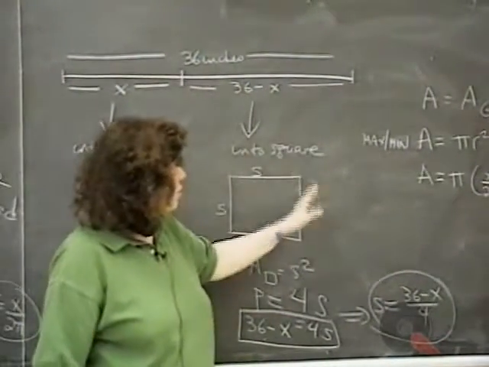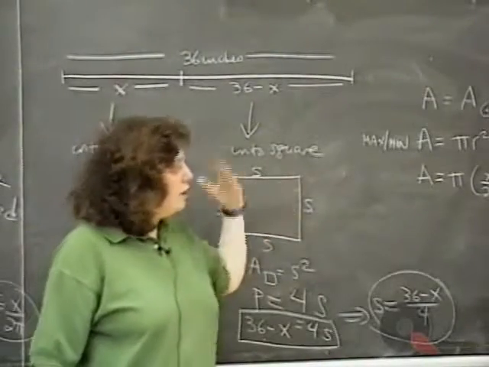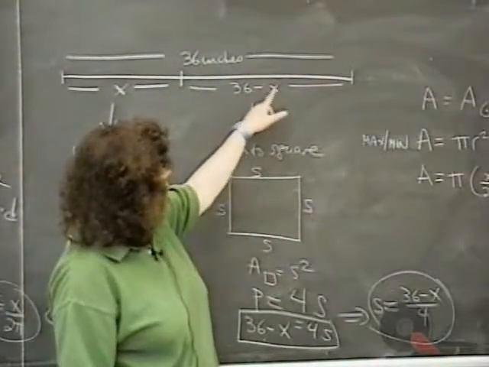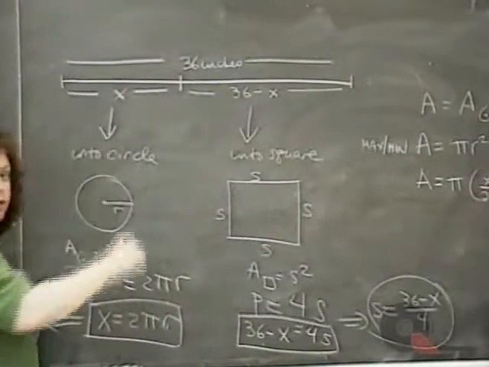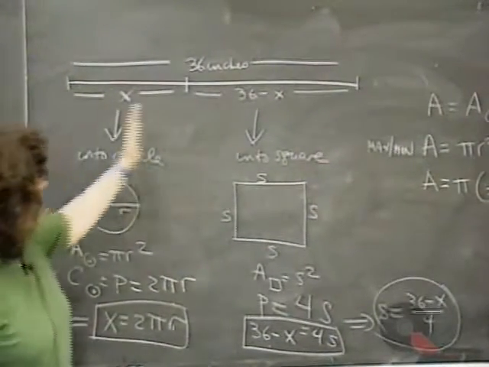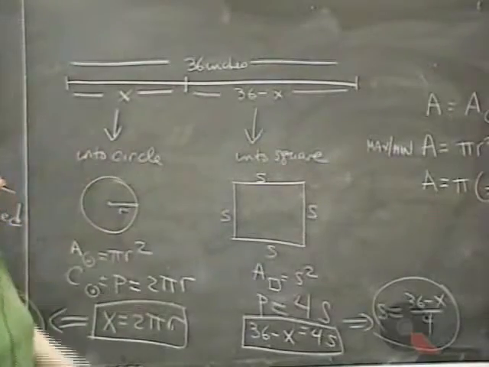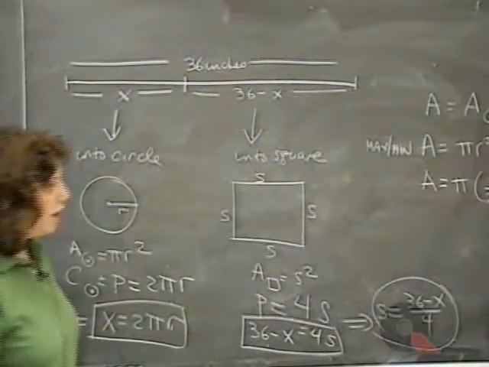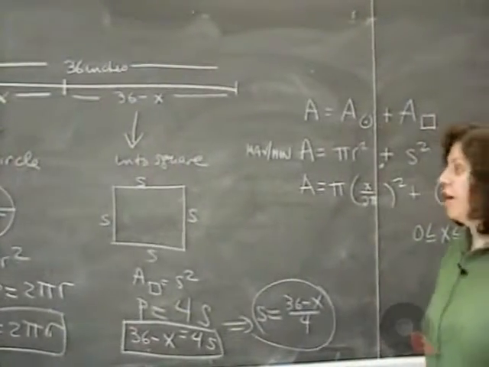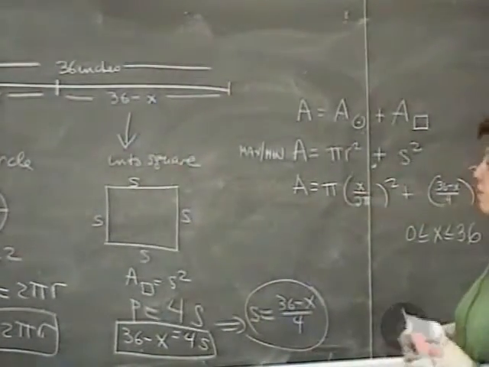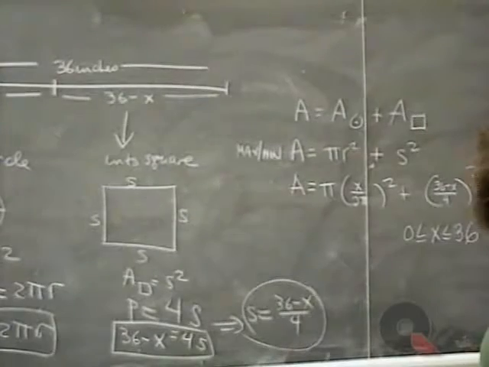The entire 36 inches is used for the square. The other extreme, x is 36 inches, no wire is used for the square, and everything is used for the circle. Or you can cut it someplace in between and use part for the circle and part for the square. And we're looking to see what will maximize the area, what will minimize the area of the sum of the areas of these two figures.